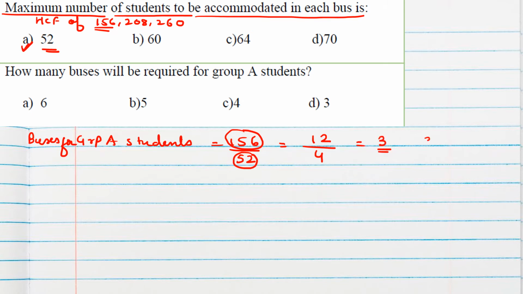So 3 buses are required, which is in option D. Similarly, if they ask for group B, then number of students in group B divided by 52, that we can find. For group C, that is 260 divided by 52. So that will give the number of buses for a particular group.